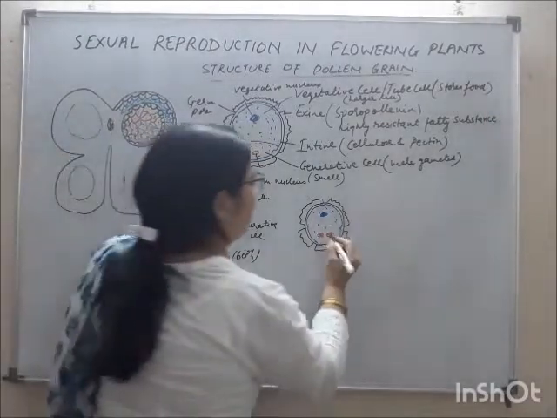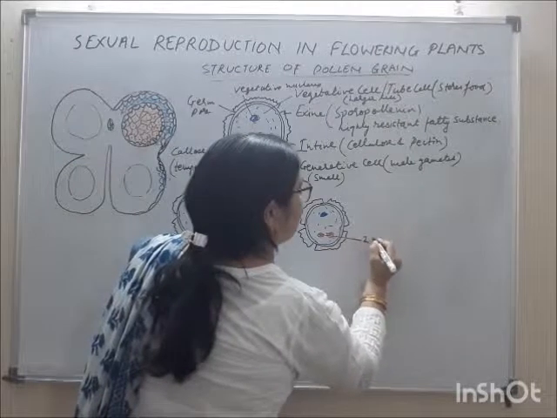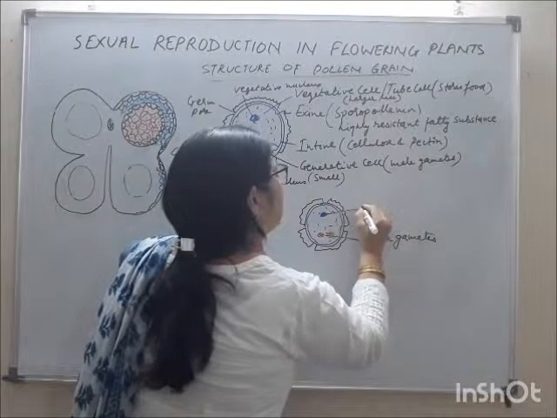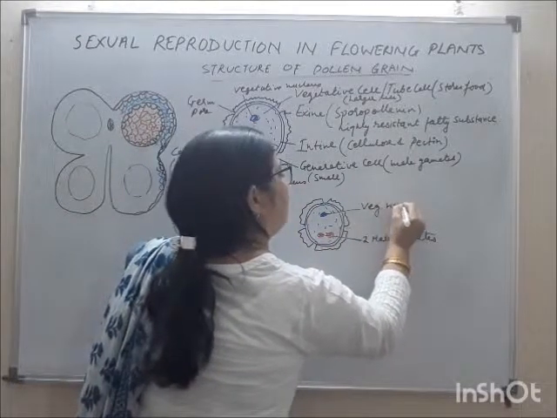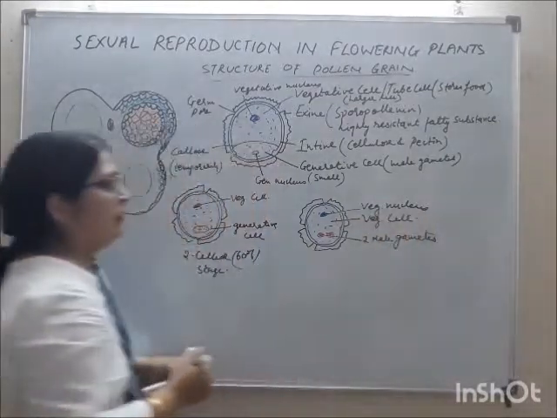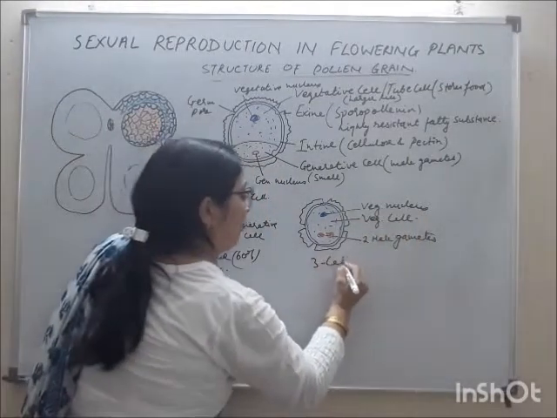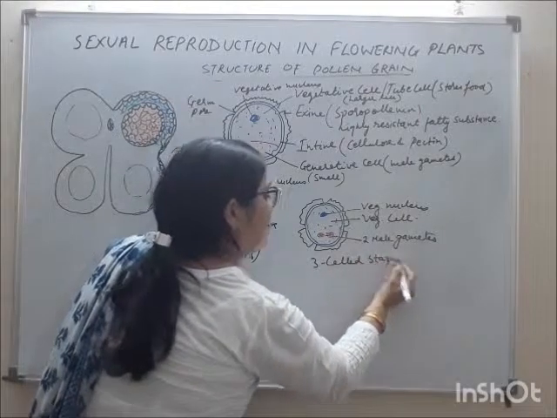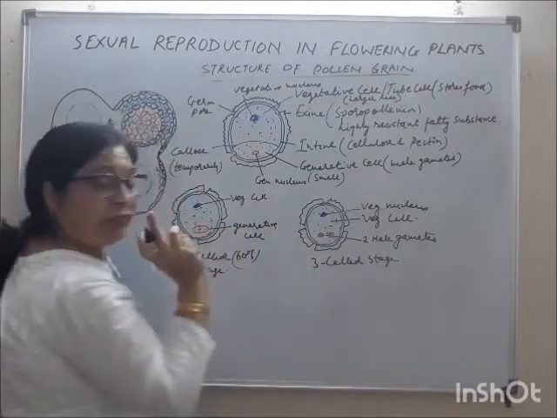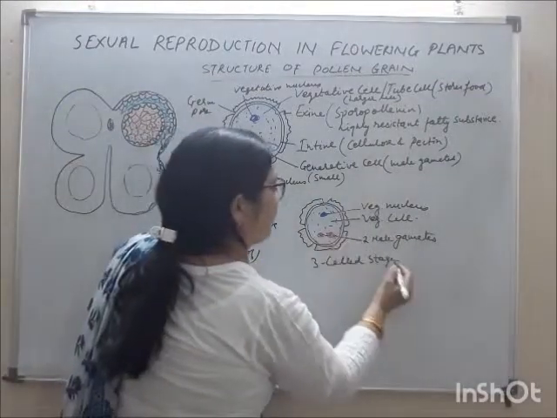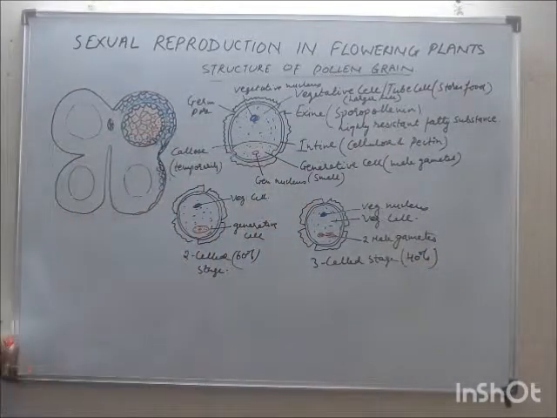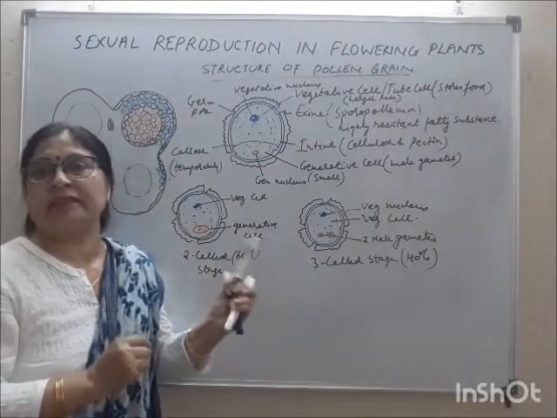So these are the two male gametes. This is the vegetative nucleus and this is the vegetative cell. This stage is known as three-celled stage. मतलब दो मेल गैमेट हो गए, एक वेजिटेटिव हो गया, तो तीन सेल्ड स्टेज हो गए. So 40% of angiosperms release their pollen grains in the three-celled stage.